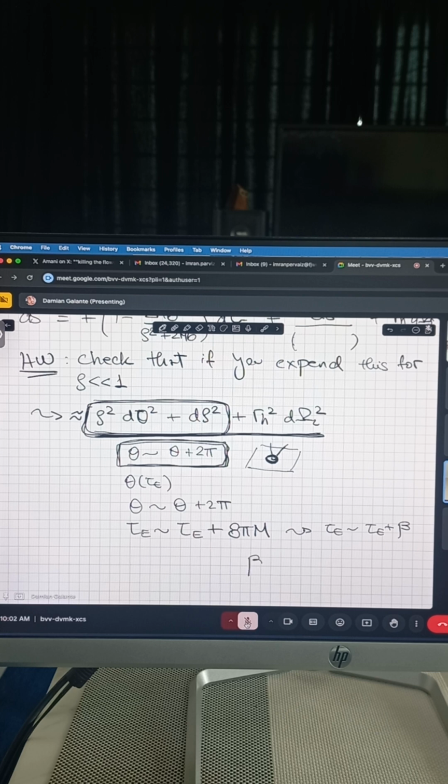So we just found, by doing this Euclidean voodoo and asking for smoothness of the metric, that beta of the black hole is equal to 8 pi m, the mass of the black hole, in these units. This is identical to Hawking's temperature.